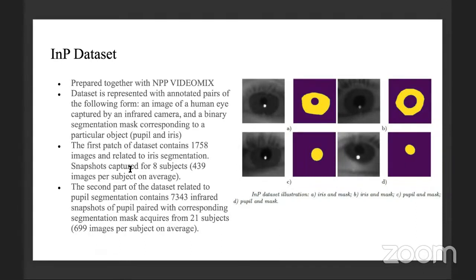The first part contains 100 images about iris segmentation, from 8 subjects. The second contains 7,300 snapshots of the pupil, taken from 21 subjects.